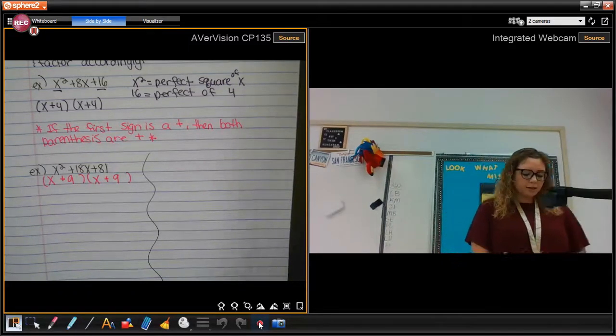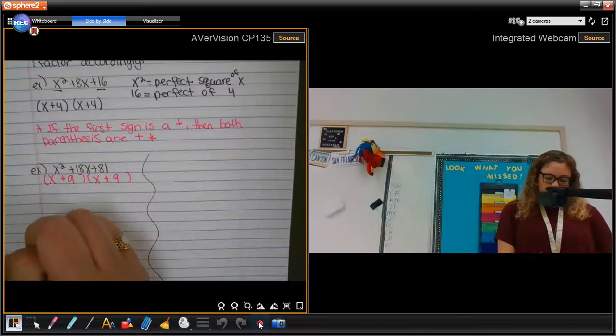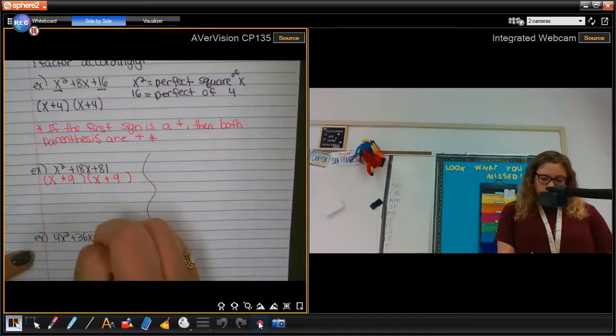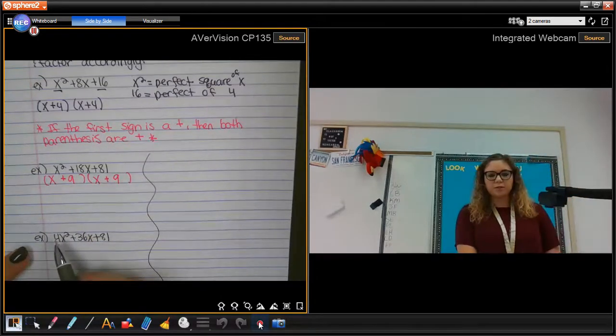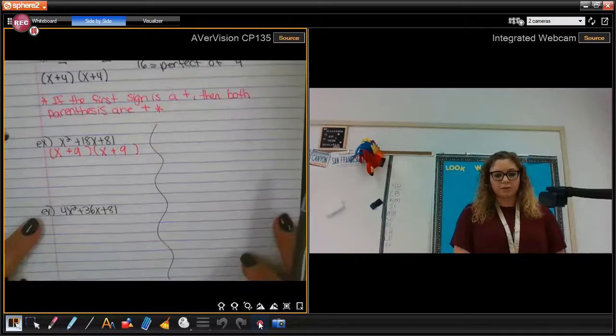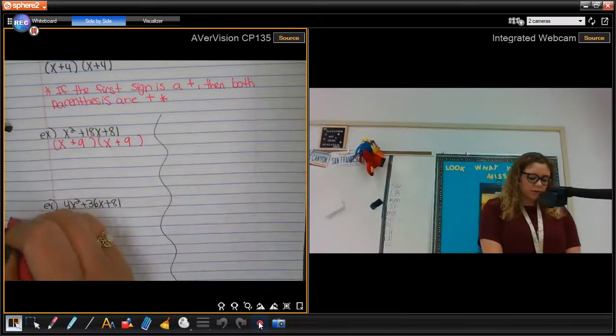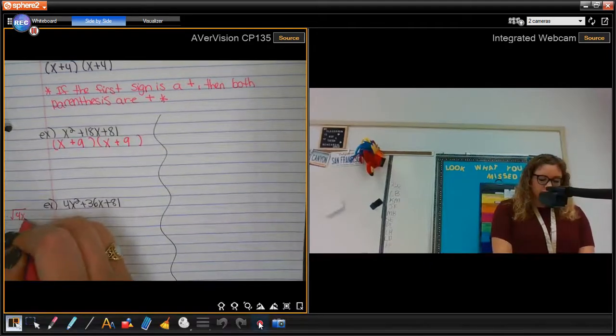Okay, let's look at this next one. These are really fun. Okay, 4 is the perfect square and x squared is the perfect square. So if I come over here and show you, we did this last week.